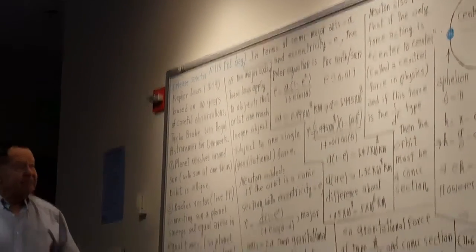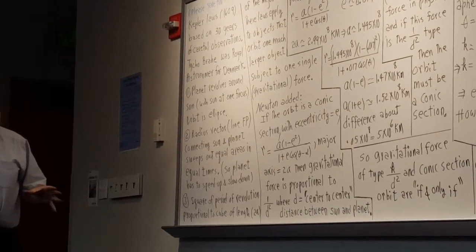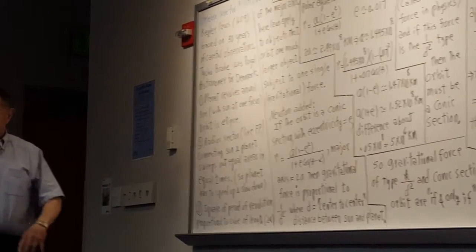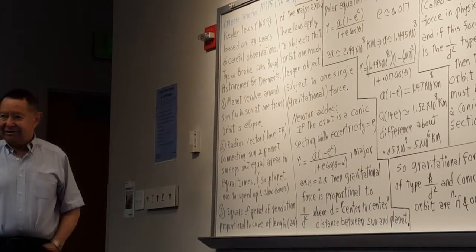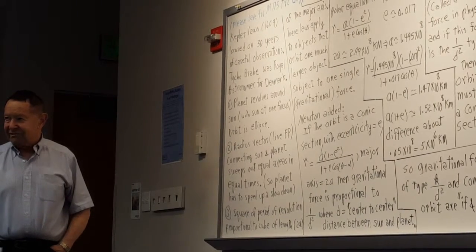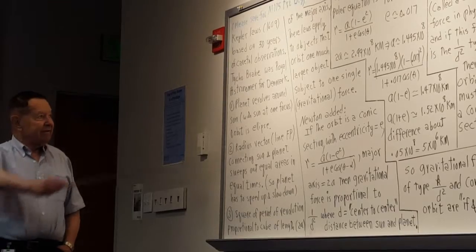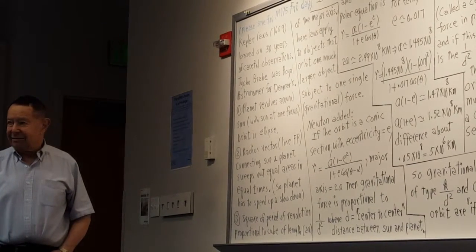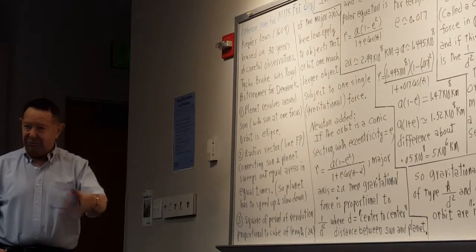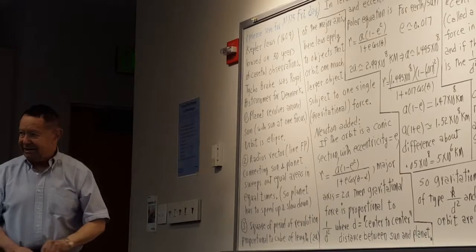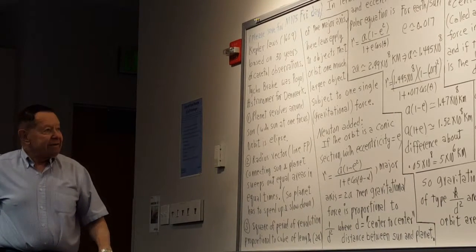If you have other parts of space where you'd have competing gravitational fields from several stars or something like that, then these laws would not necessarily hold, because you'd have a more complicated situation with other forces getting into it.